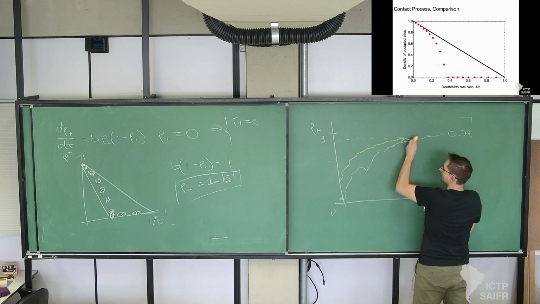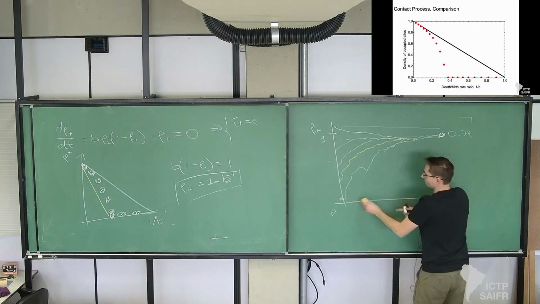If I integrate this numerically, which is something I could have done, and I put it here, it will have some behavior, still going to a fixed point, but a higher one.